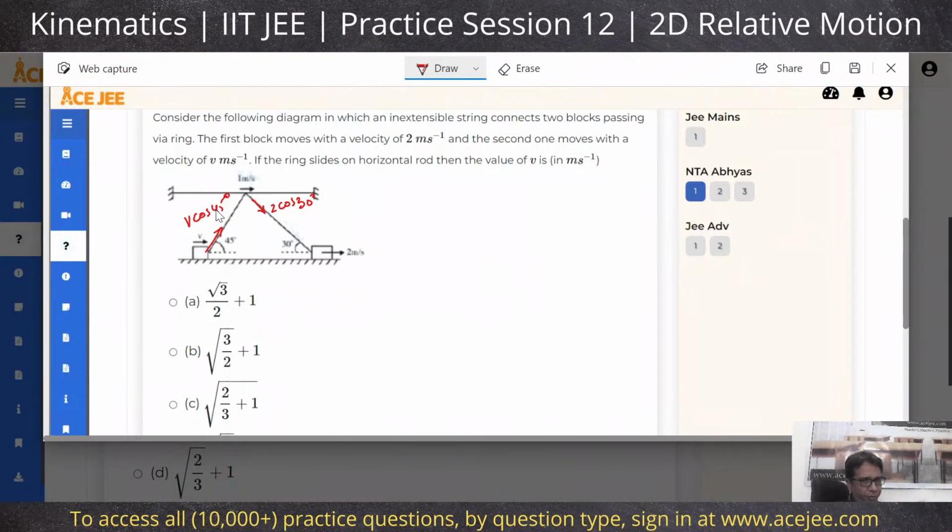Okay. So you said the 2 cos 30 this angle. Is that what you did? 2 cos square 30? No, sir. I did 2 cos 30 minus 1 cos 30. So that is the component of the 1 meter per second of this part of the string that's moving upwards. Okay, good.